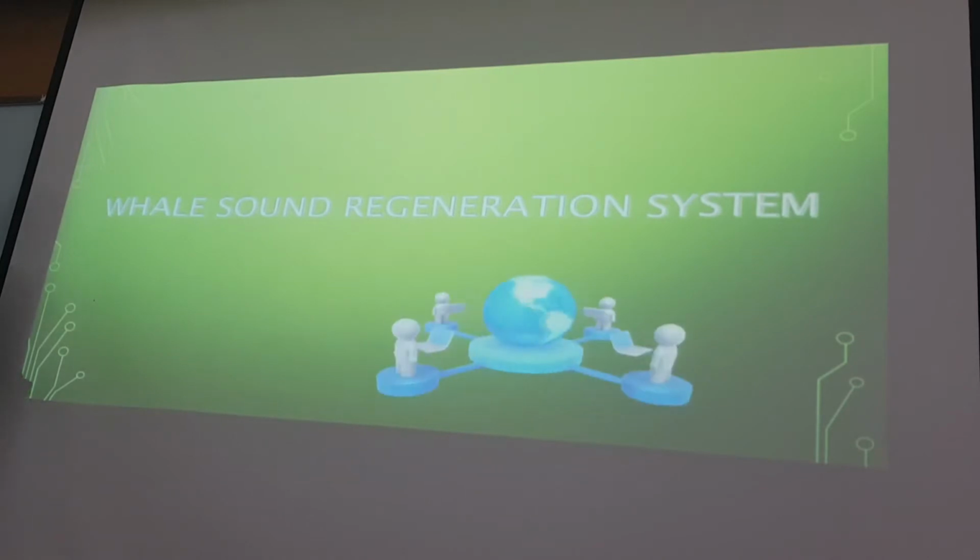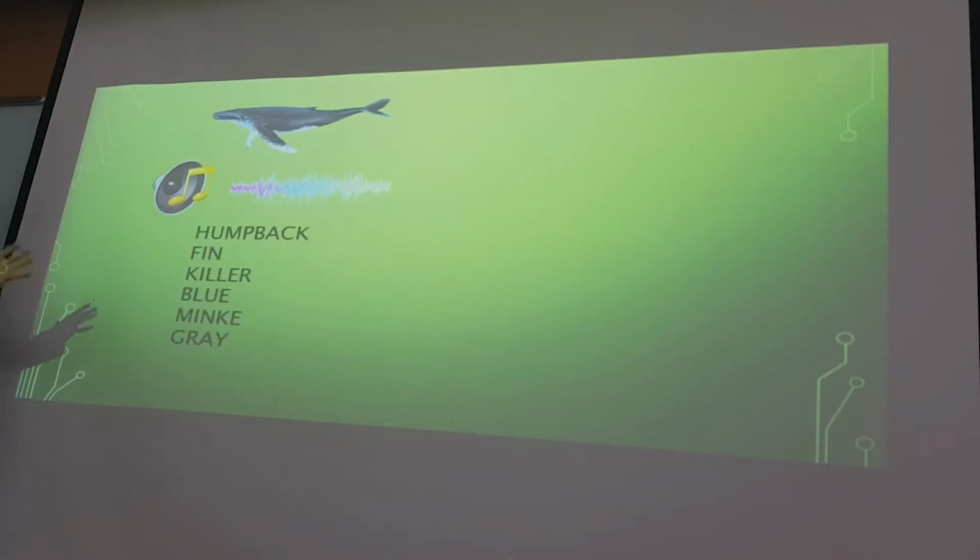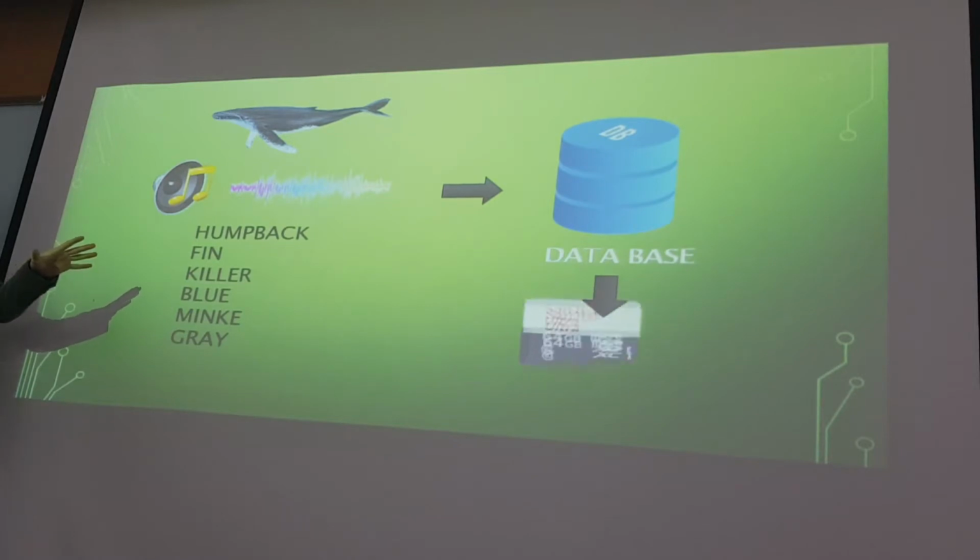So let's first talk about whale sound regeneration system, what it is and how it was made and what function it has. First we collected various types of whale sounds, and we then stored them in a database. Then the database was stored into SD memory.